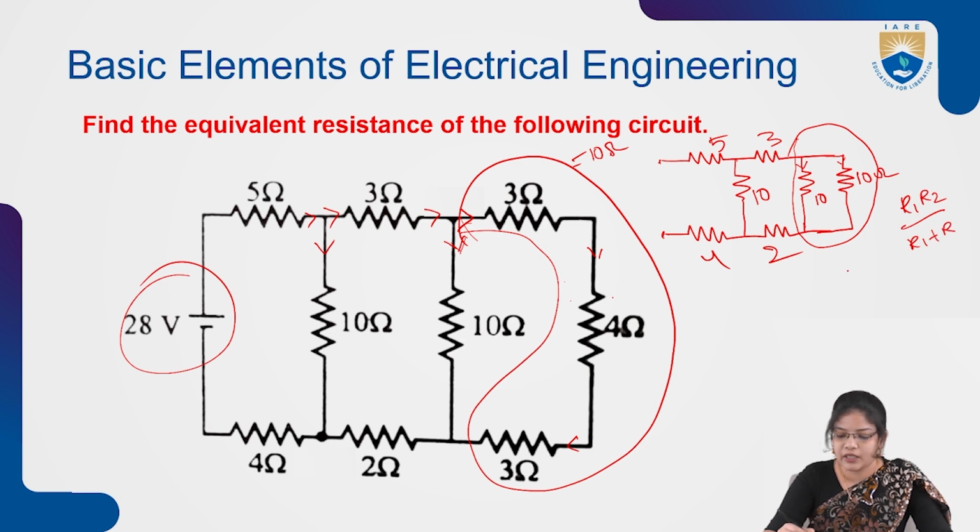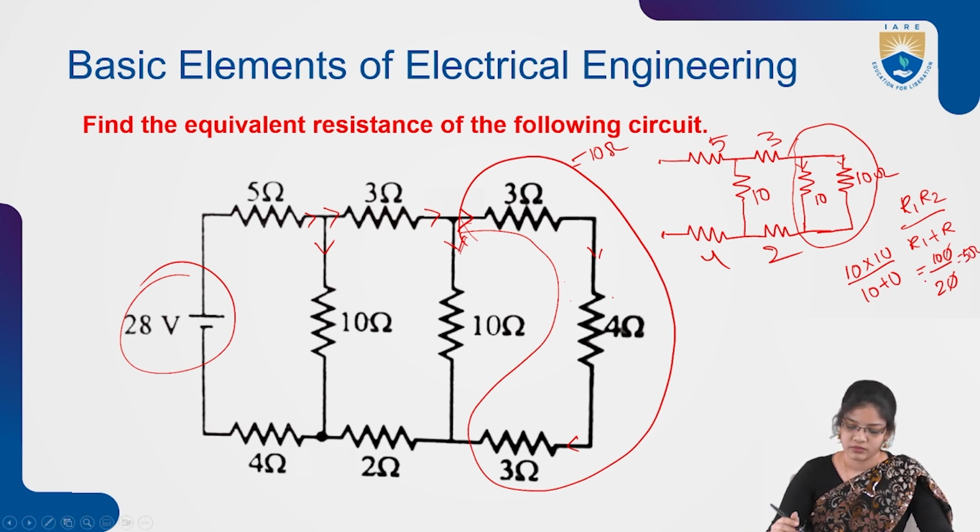So directly I am taking it as 10 into 10 by 10 plus 10. The value of this will be 100 by 20. So the resistance value will be 5 ohms.